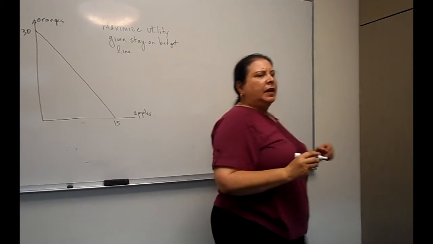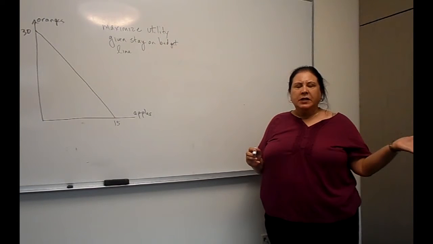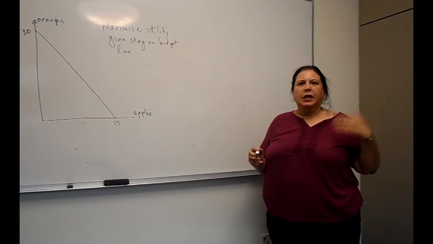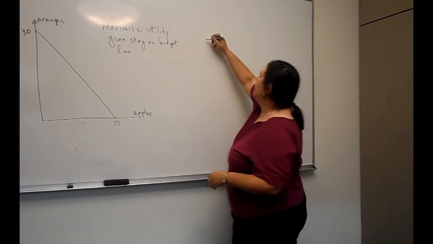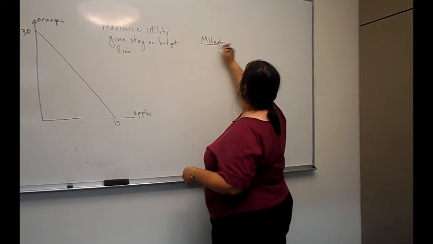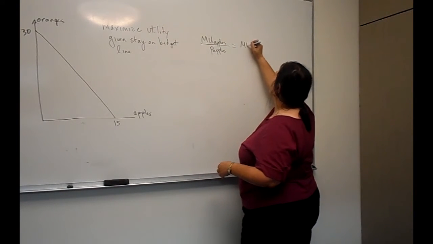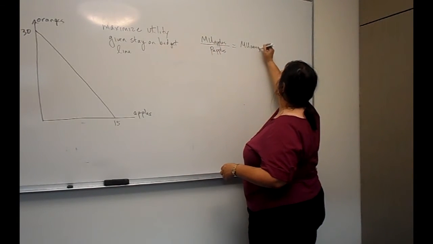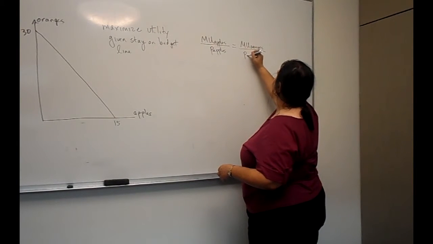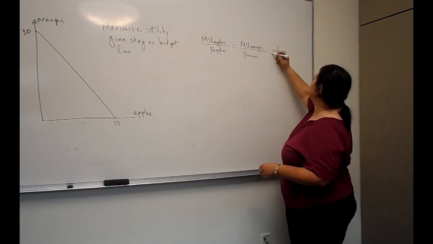Now, the amount of both goods that's going to maximize your utility is the one for which the marginal utility of apples divided by the price of apples equals the marginal utility of oranges divided by the price of oranges, and you're on the budget line.